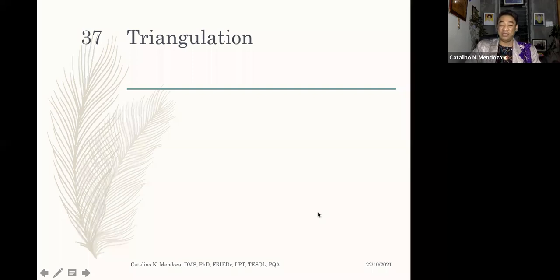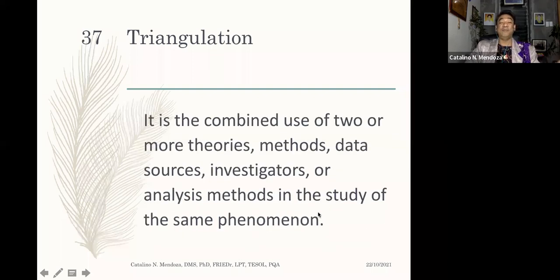And triangulation means the combined use of two or more theories, methods, data sources, investigators, or analysis methods in the study of the same phenomenon. So that is exactly validating or invalidating the other method, which is the focus of today's attention across the globe.